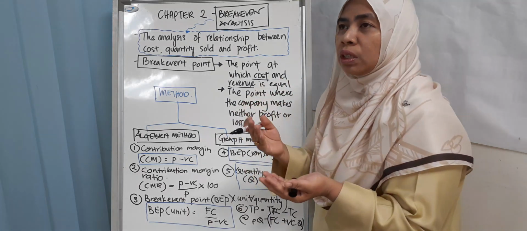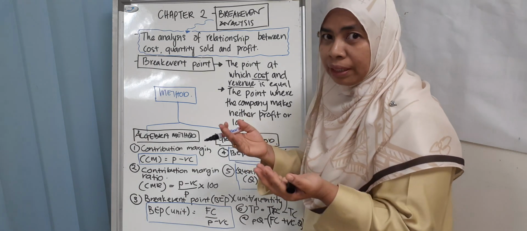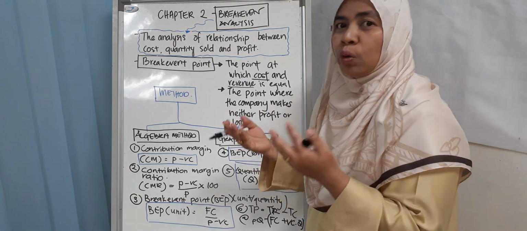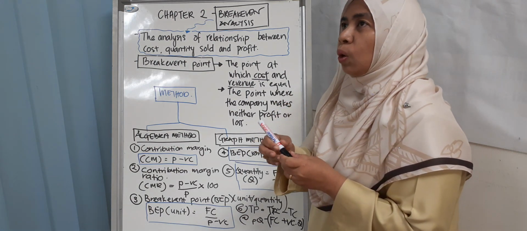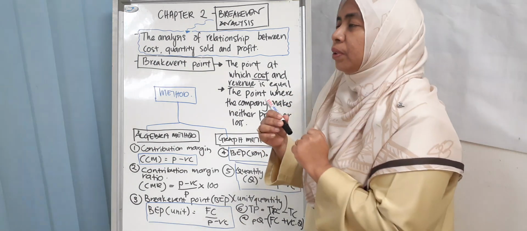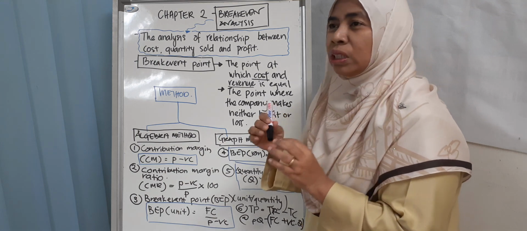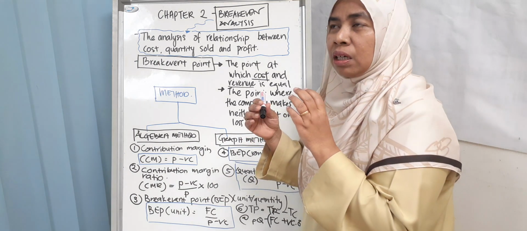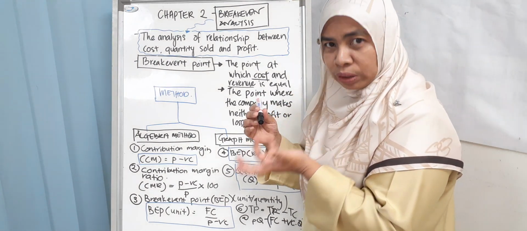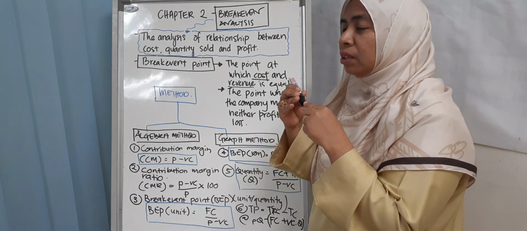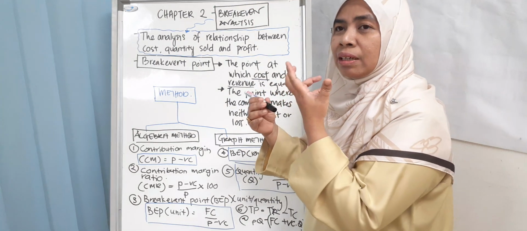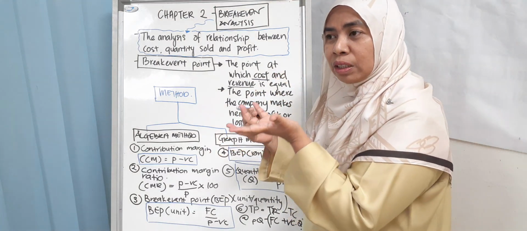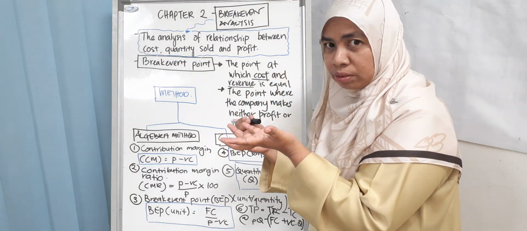For example, you want to sell goreng cempedak. Let's say the break-even point in quantity for goreng cempedak is 50. If you sold 60, that means you have a gain of 10 units of profit, alright?